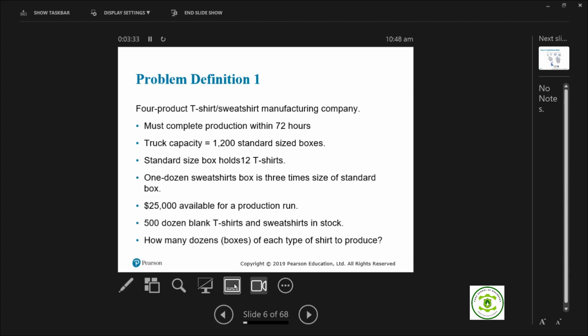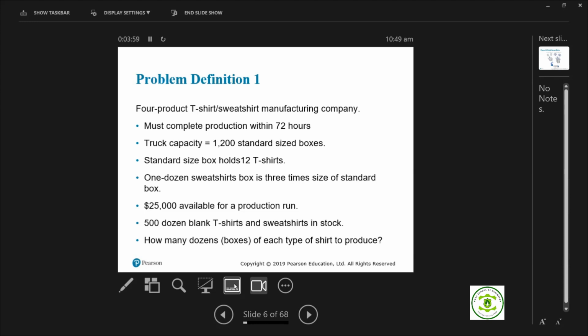Given this problem, construct a model: tell us the objective function, tell us the constraint functions, and then set up the model, and then you test it. So that is really where the catch is. Okay.